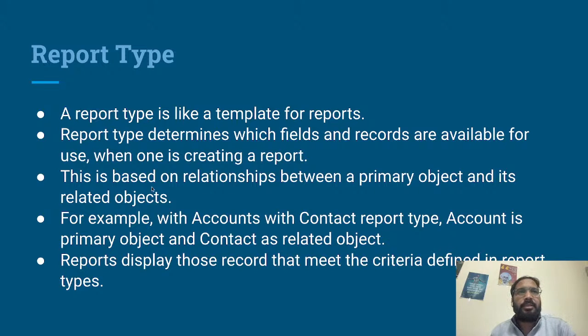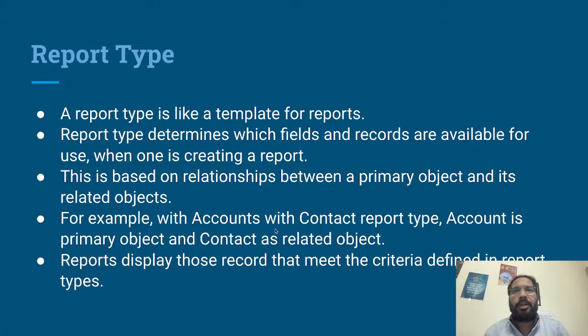Third point says this is based on relationships between a primary object and its related objects, right? If you have any lookup or master detail relationship implemented, basis on that you can create a report type. If there is no relationship involved, then you can just select that particular object for report creation.